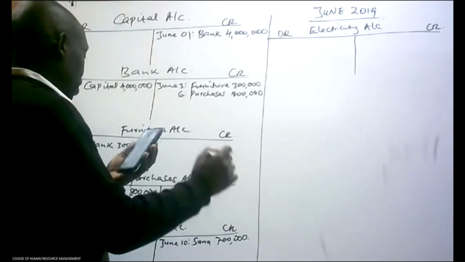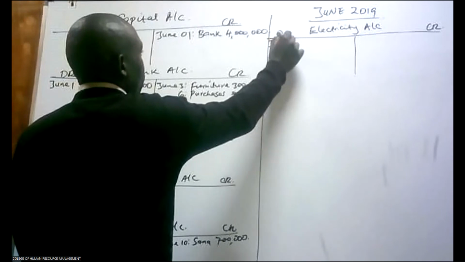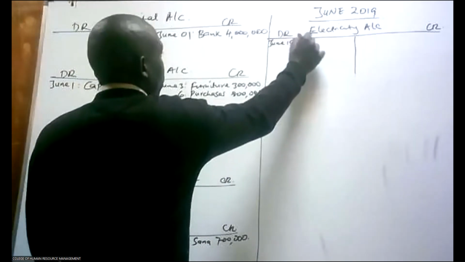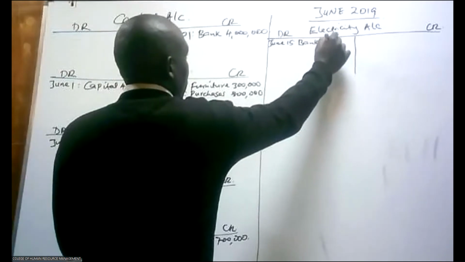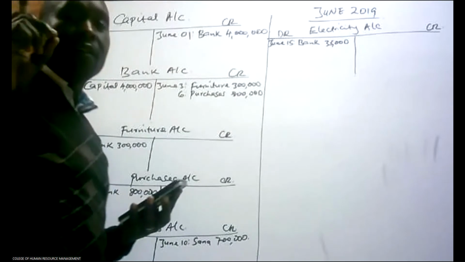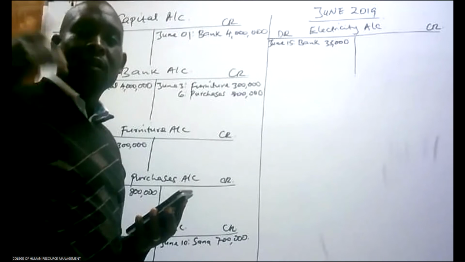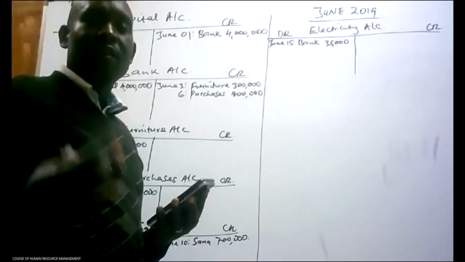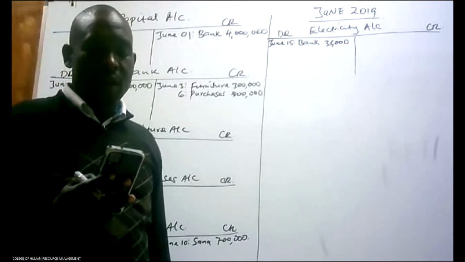So for this one, it is on 15. It was paid by check, so we have here bank. Anytime we pay the expense, you open that expense account: electricity, insurance, repairs, rent, salaries, you open them and you debit that specific expense account.